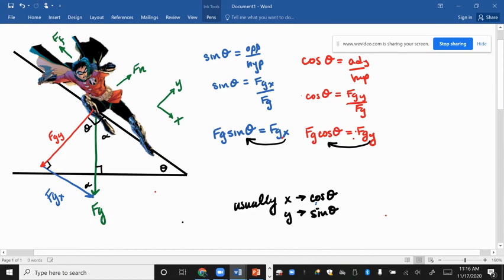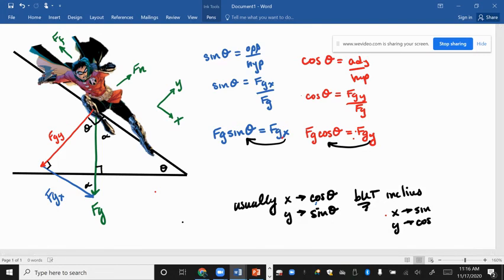But since we messed with the axes, on inclines X goes with sine and Y goes with cosine. The math is the same; you're still going to use your trig and do some basic stuff. But what gets assigned to sine and cosine will be different.